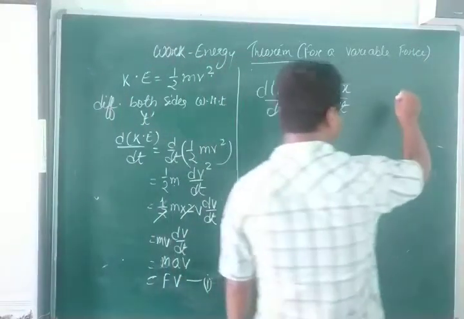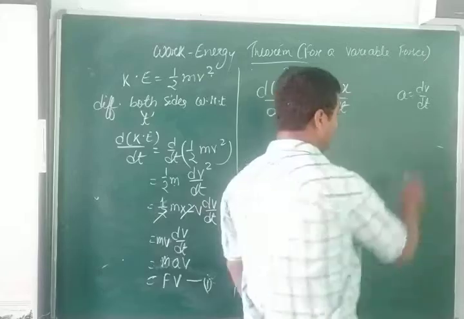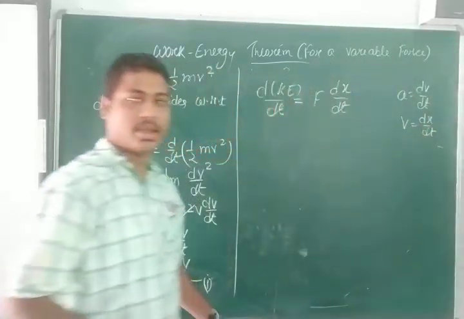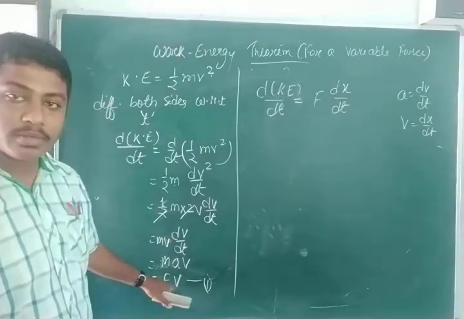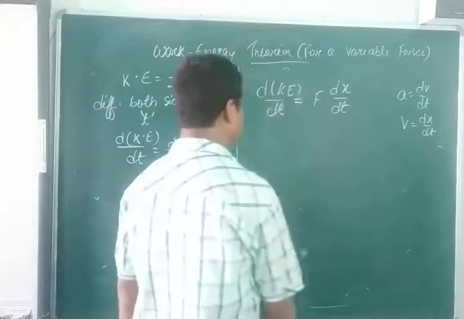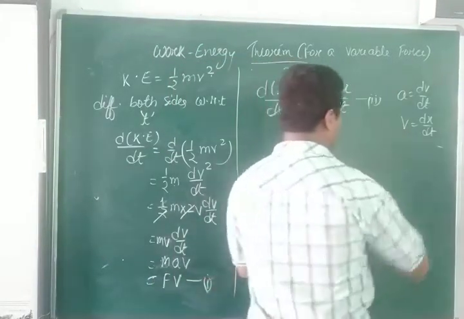Clear? As you see, a is equal to dv by dt, the rate of change of velocity, and velocity is equal to the rate of change of displacement. Therefore I have written dx by dt. Mark this as equation number 2.